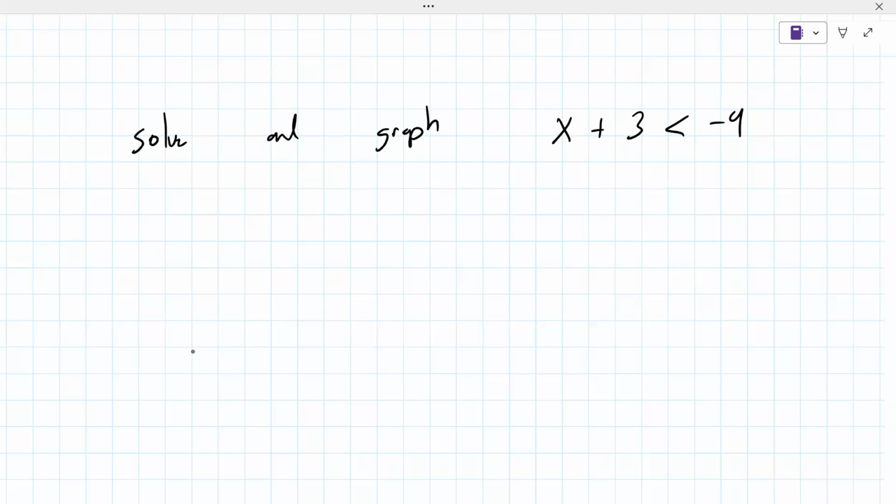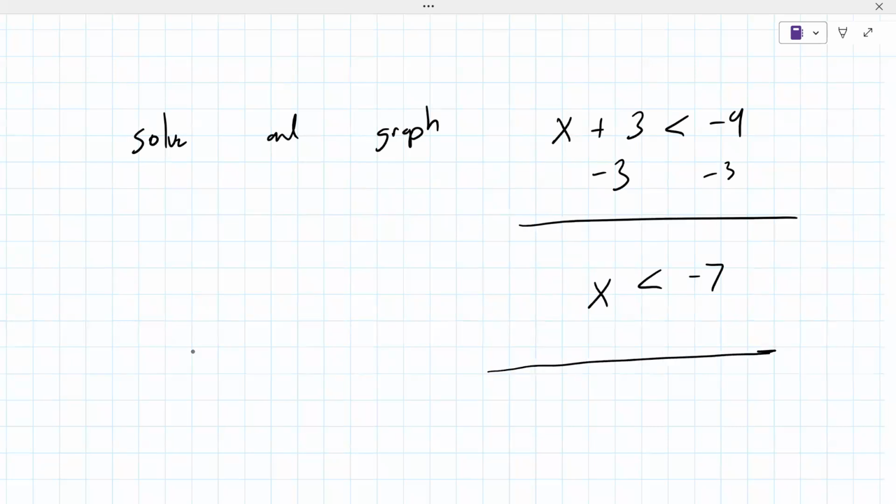You're just subtracting 3 from both sides. So minus 4 minus 3 is minus 7. I thought that was a 9. Oh, okay. Yeah, and then you graph left or right? You graph left. And it's an open circle.